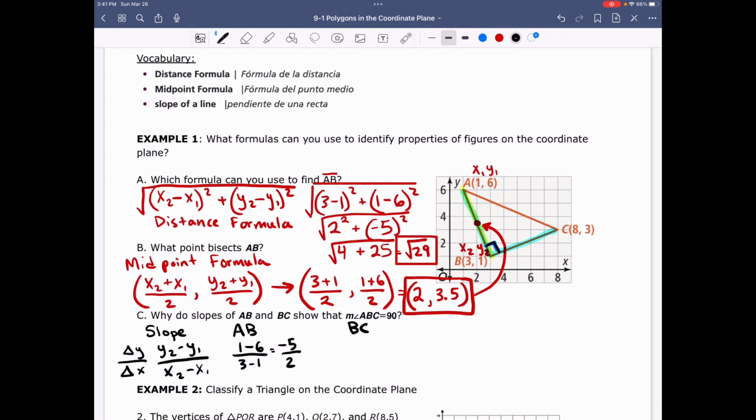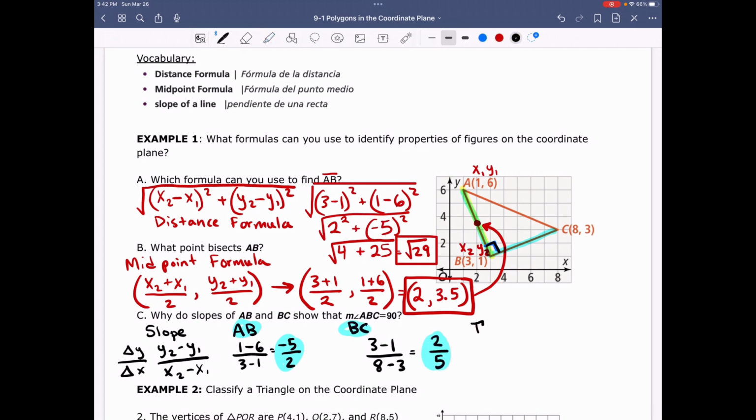For BC, we would do 3 minus 1 for our y's and 8 minus 3 for our x's. That becomes 2/5. Are these slopes negative reciprocals? Yes, they are.